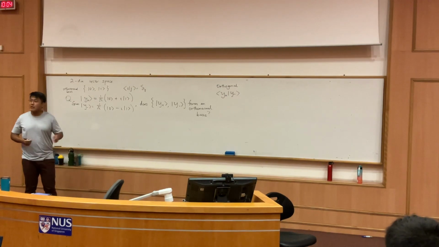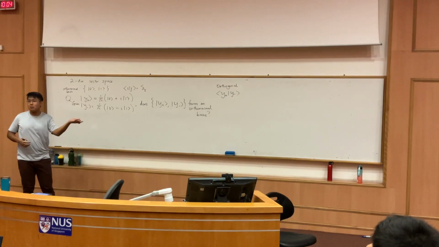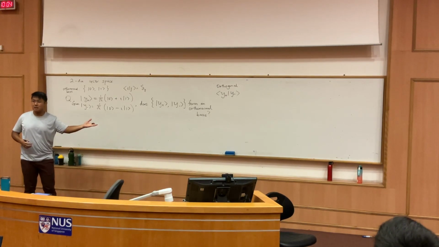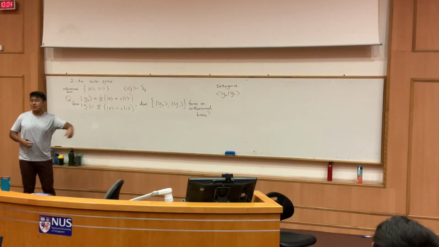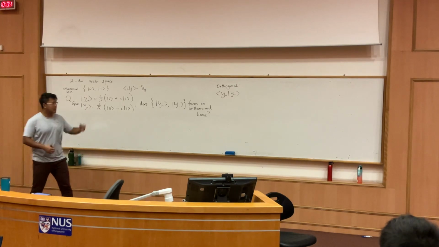And by the way, let me just remind you that once I find the overlap of y plus and y minus, I know automatically the overlap of y minus and y plus, right? Because they're just related by a complex conjugate. So once I've done the calculation, then I know what the overlap is with the other one. Right? Everyone following me? Okay, so let's do it.